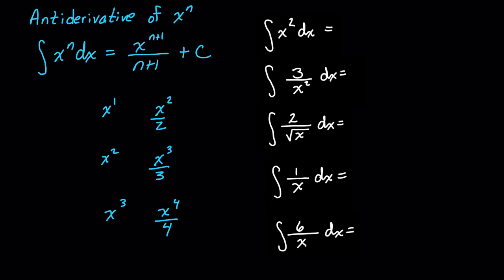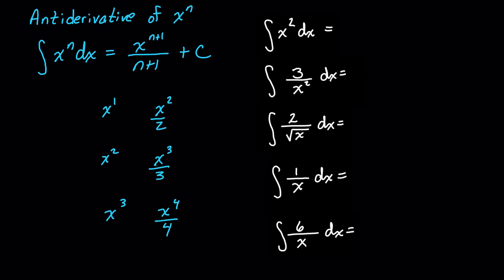All right. Now, this is called an indefinite integral because we do not have any bounds for this integral. There's no lower limit or upper limit. We're not saying we're going to find the area between x equals 2 and x equals 5 or anything like that. We're just saying, what is your area formula, or in other words, what is your antiderivative?